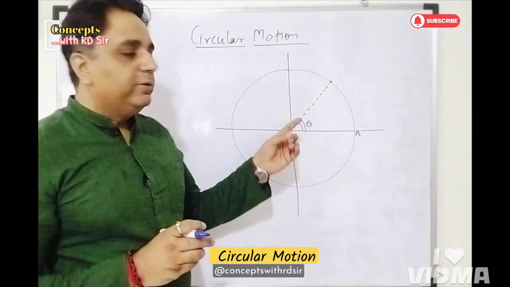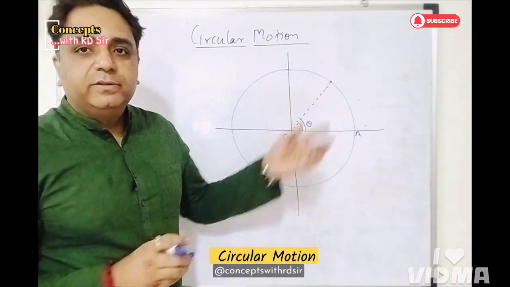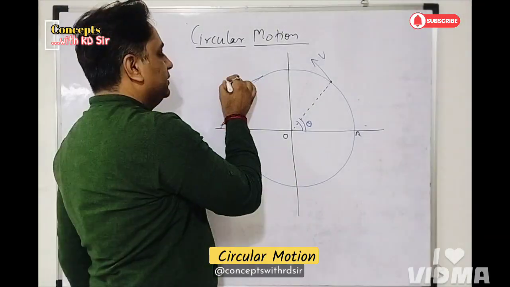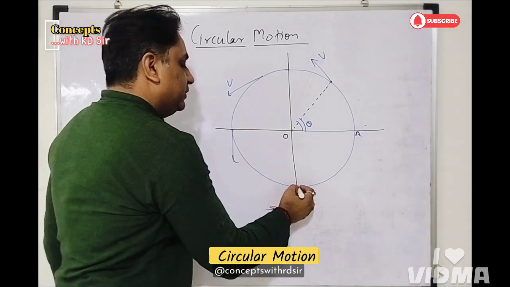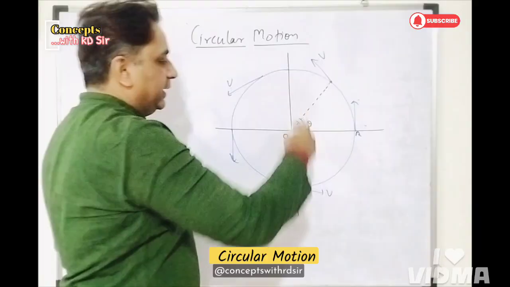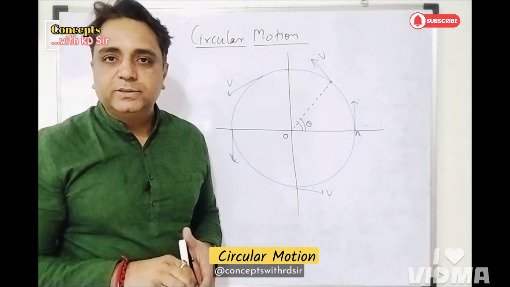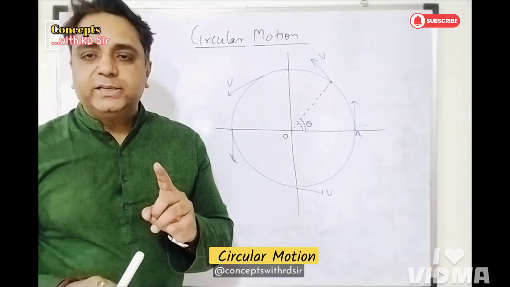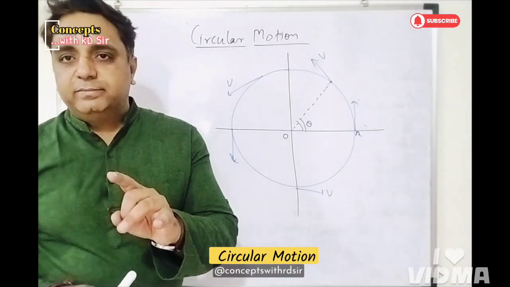If you want to write the direction of the velocity, at every point the direction of the velocity is changing. If the direction of the velocity is not changing, then it never completes this circle and circular motion is not possible. This means the direction of the velocity will change in any type of circular motion. It means velocity is varying, correct?